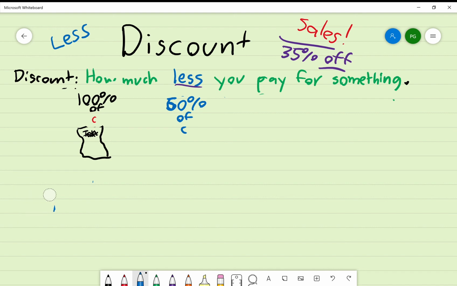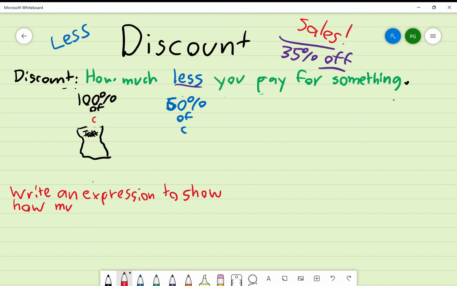Write an expression to show how much money Mr. Pearson will save buying Cheetos.